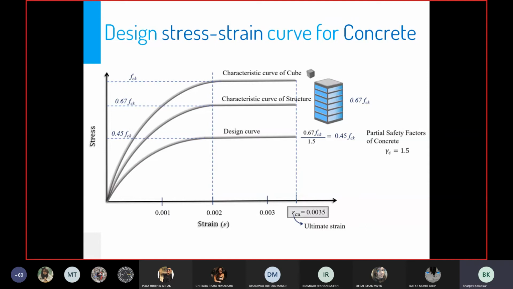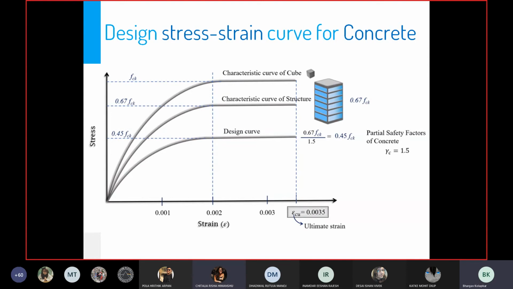You will get a different value of strength. So this effect is called a size effect. Steel does not behave that way. You test any size of steel, it is going to give you almost the same curve and almost the same stress. But concrete has size effect. So the strength of concrete differs with the size of the element that you're using.